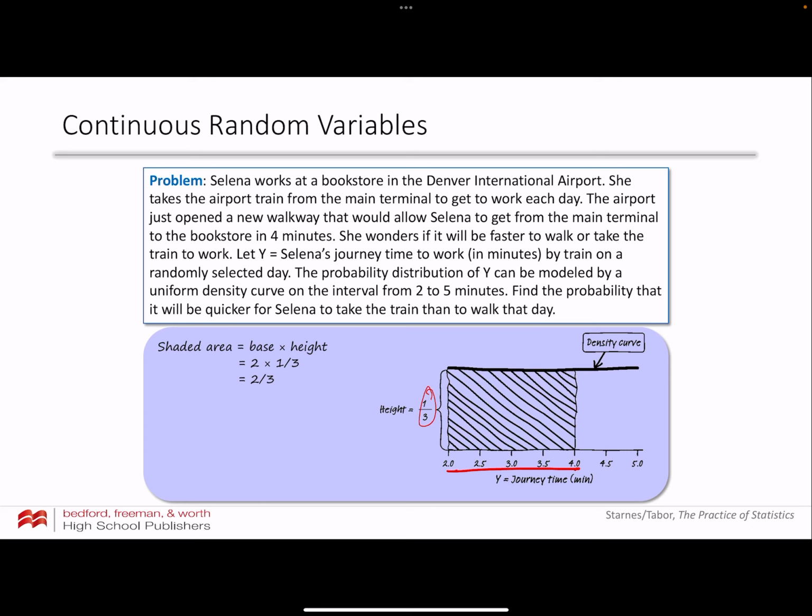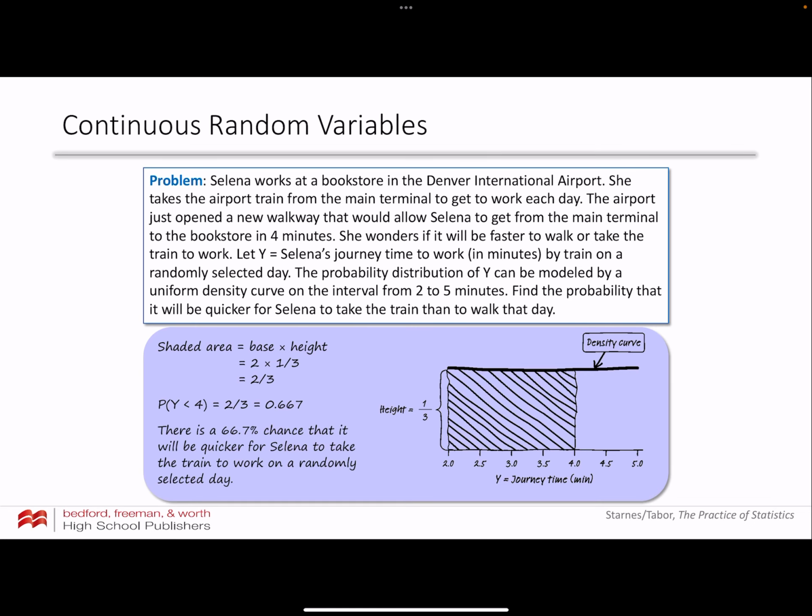So that probability is 2/3. So in other words, the probability that Y is less than 4 is equal to 2/3, or 66.7%. In other words, if I interpret my answer, there's a 66.7% chance that it will be quicker for Selena to take the train to work on a randomly selected day than for her to walk.